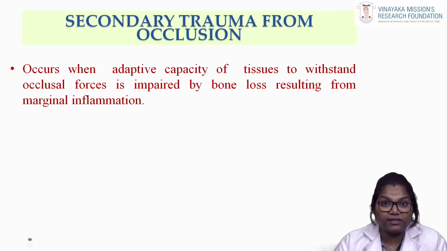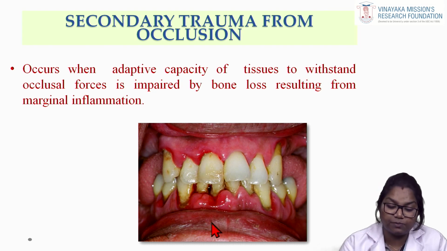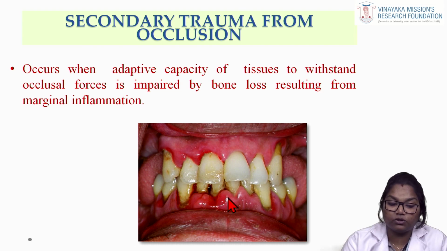It occurs when the adaptive capacity of the tissues to withstand the occlusal forces is impaired by bone loss resulting from marginal inflammation. So secondary trauma from occlusion, as you can see in this picture, is when the adaptive capacity of the bone to withstand the occlusal forces is reduced.